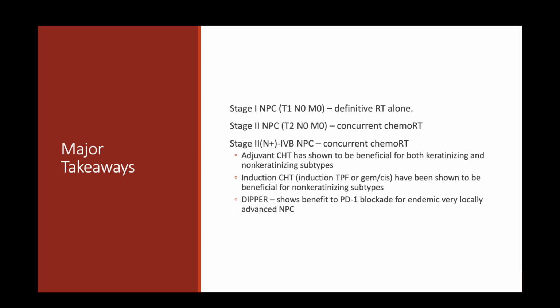So that's just something to keep in mind, and keep in mind that a lot of patients, especially with EBV-mediated cancers, are going to be treated with induction chemotherapy if they are this advanced. And then finally, we briefly mentioned the DIPPER trial, which showed a benefit to PD-1 blockade for endemic, very locally advanced nasopharyngeal cancer.